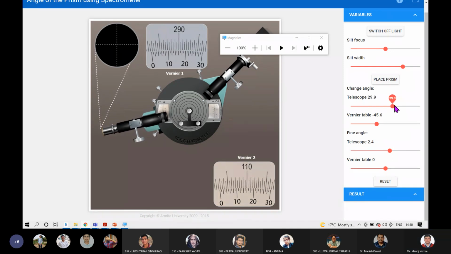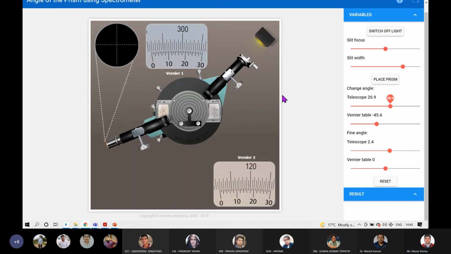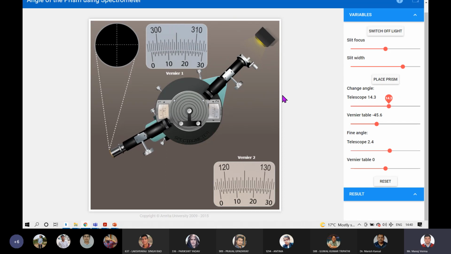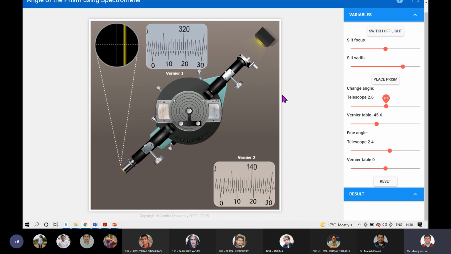Suppose, okay, I will close this. This was our source, and I am rotating my telescope so that I can view the slit through this telescope. Okay, now in my view, the slit is coming.